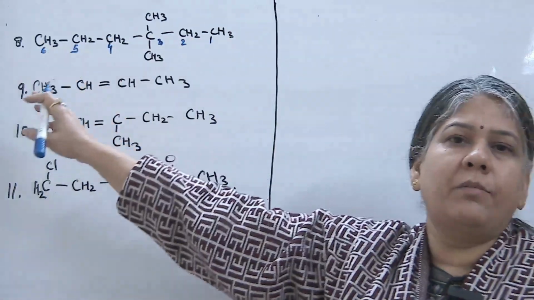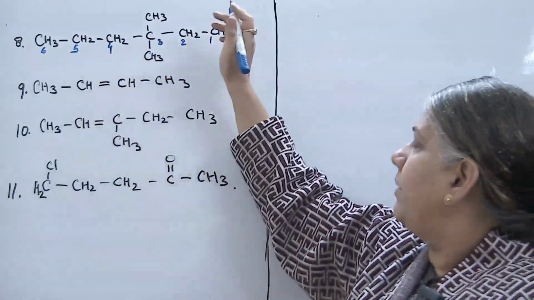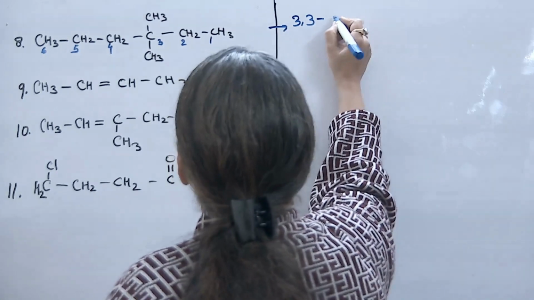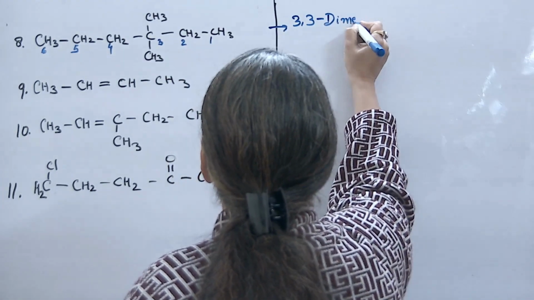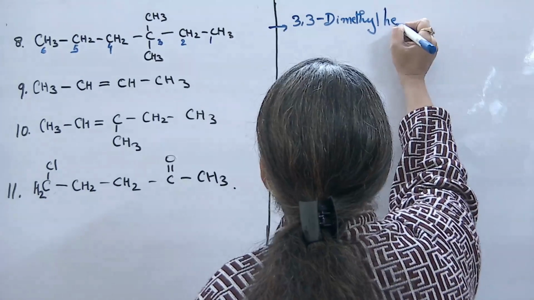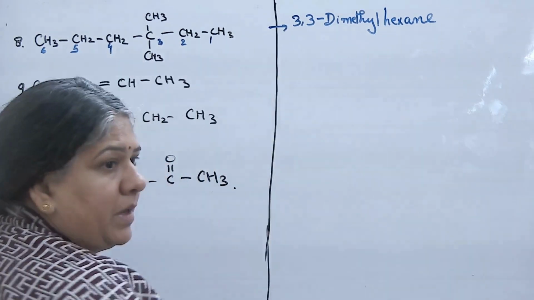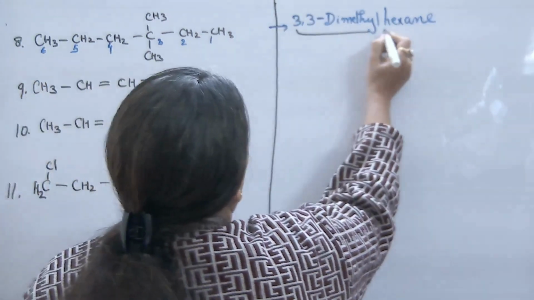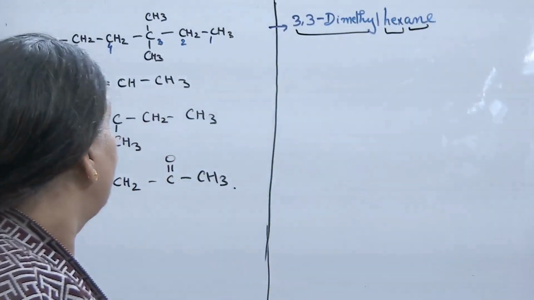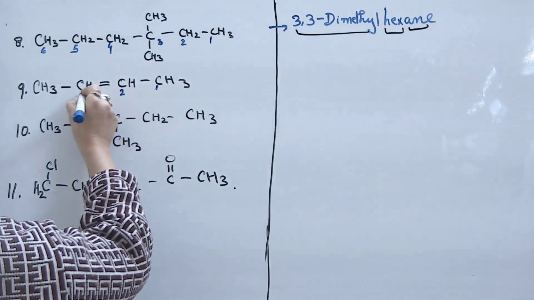We have selected the longest carbon chain, then numbered it from the end so that the substituents get the least number. Now for naming: 3,3 put a dash, dimethyl, and a total of 6 carbons are there, so hexane. So 3,3-dimethyl is the prefix, hex is the root word, and ane is the suffix. Clear?